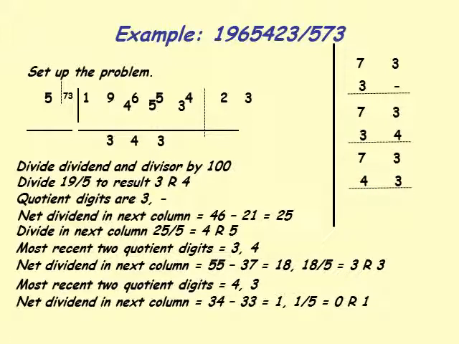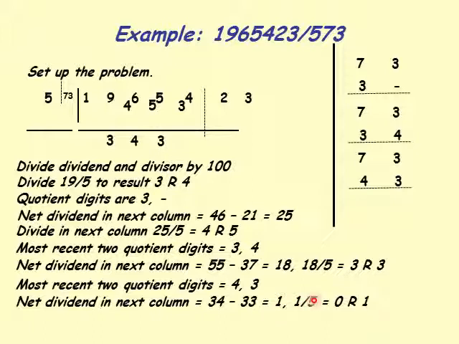Next net dividend next column is 34 here, minus 7 times 3 is 21 plus 3 times 4 which is 12. 21 plus 12 is 33. So 34 minus 33 is 1.